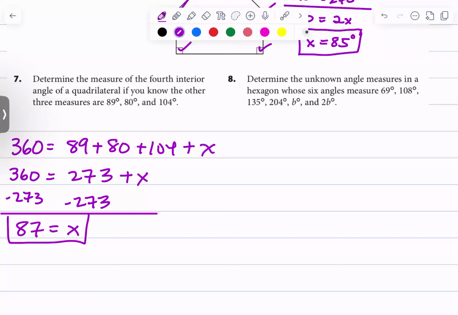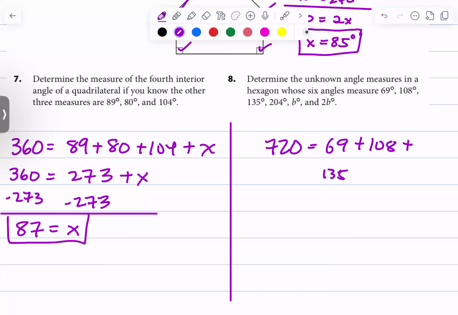Okay, number 8, it says to determine the unknown angle measure of a hexagon. Remember, a hexagon is 720 equals 69 plus 108 plus 135 plus 204 plus 3b, because b plus 2b equals 3b.